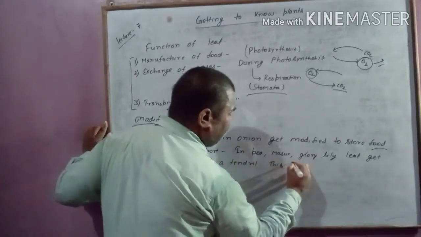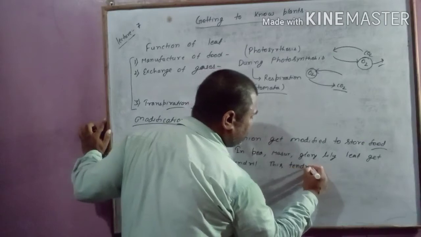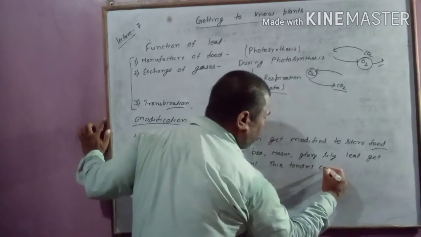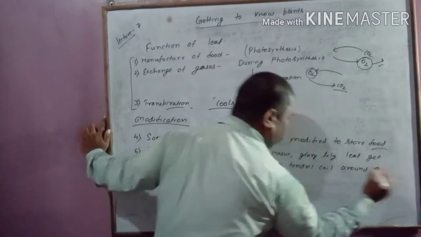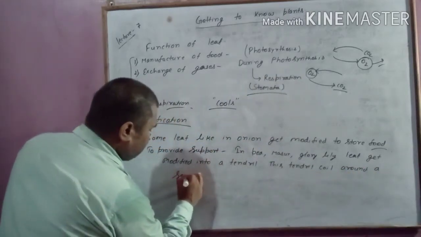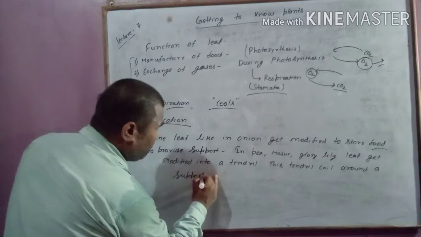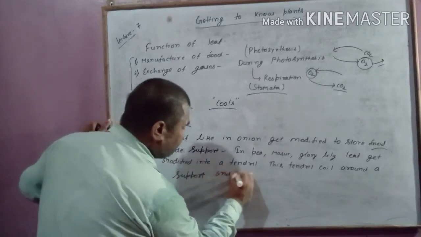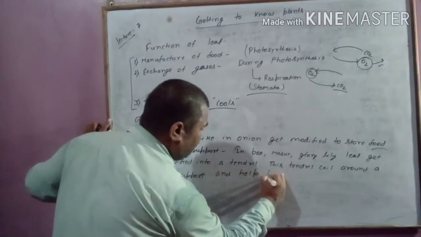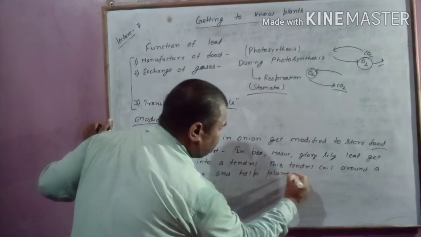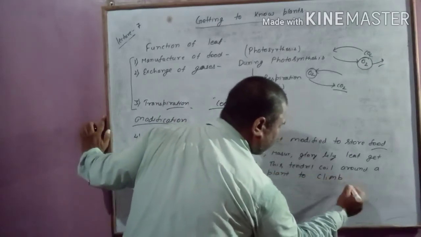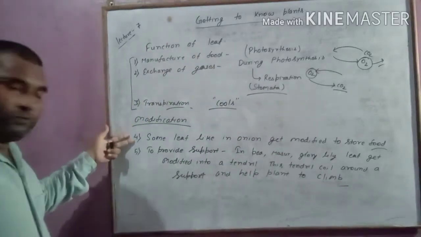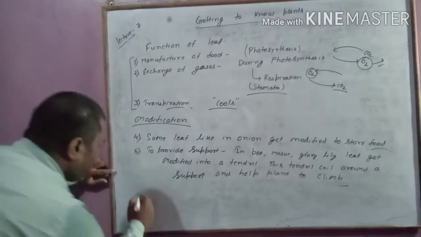This tendril coil around a support and help plant to climb. So these are the two modification.